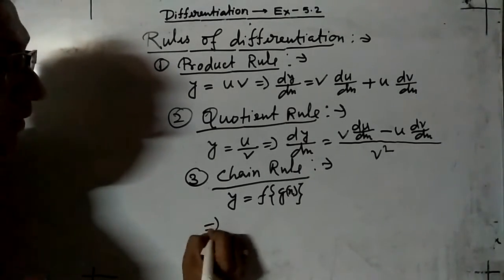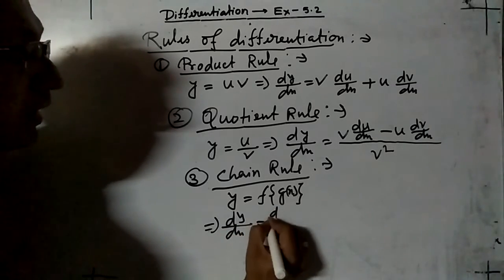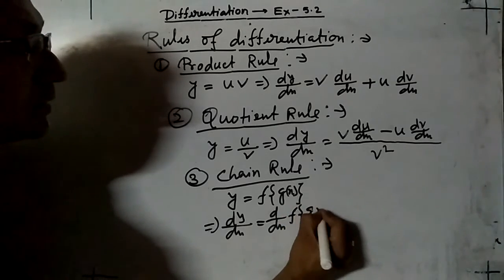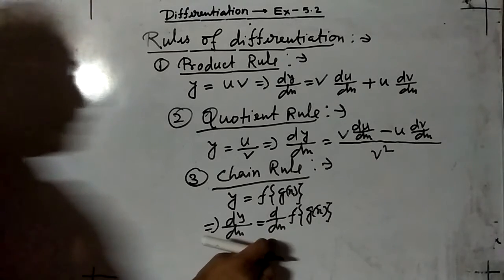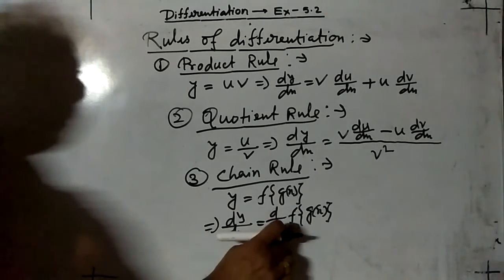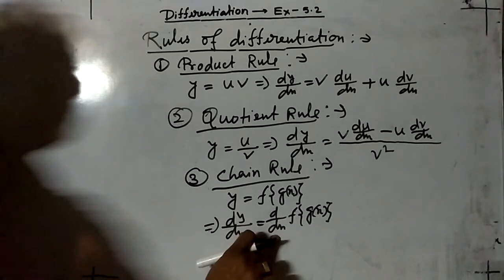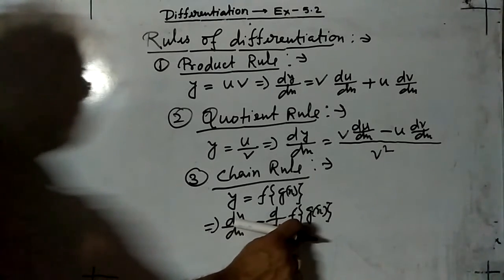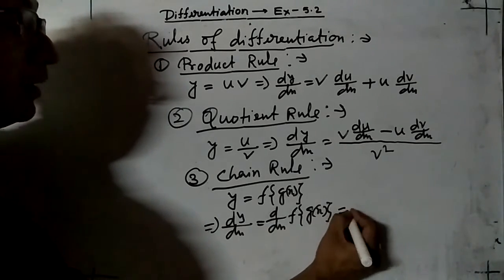So if you differentiate with respect to x, then dy by dx equals d by dx of f of g of x. But here, since it is a composite function, we can't differentiate directly with respect to x. This function can be differentiated with respect to g(x). So we'll make a chain. Just observe.